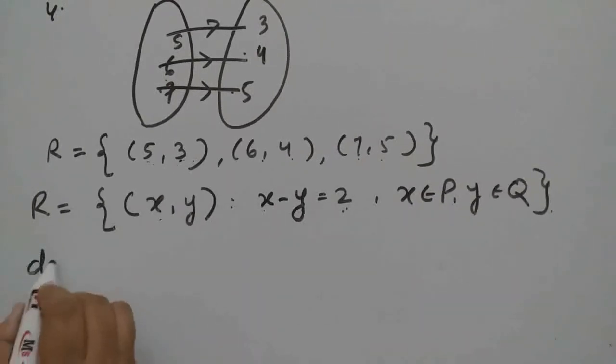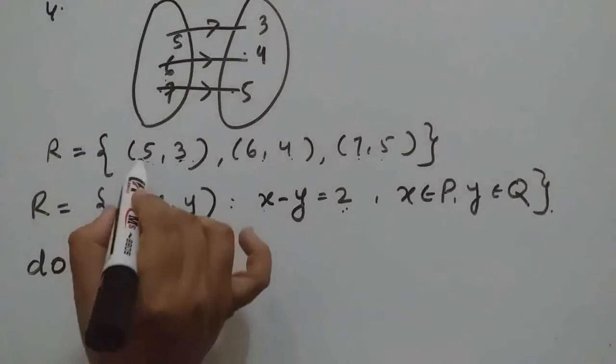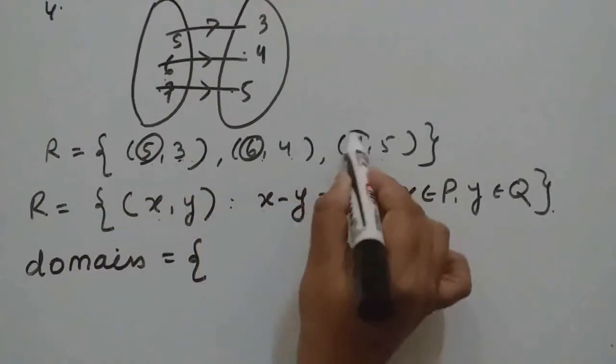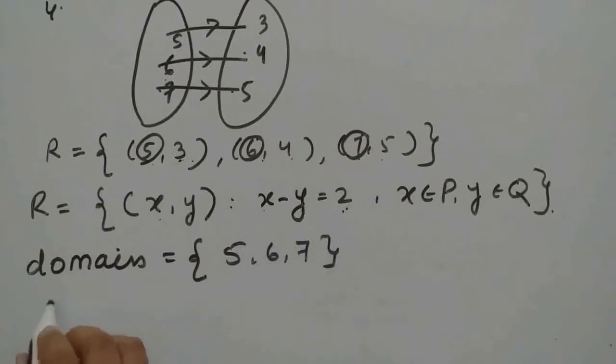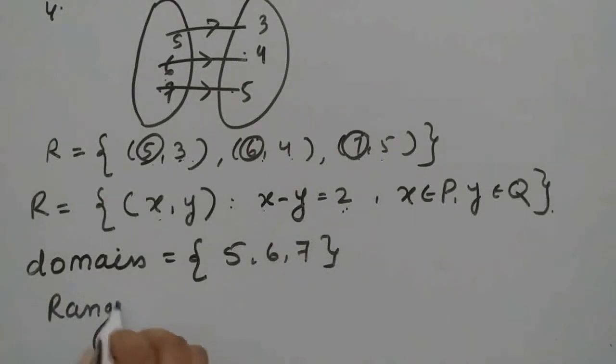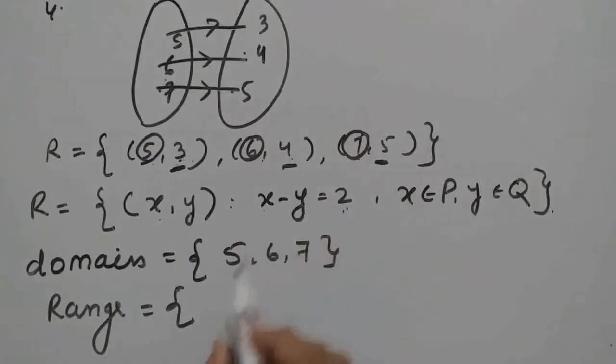Now we should write the domain here. Domain means all the first numbers of the elements, so 5, 6 and 7. And the range will be 3, 4 and 5, the second numbers, isn't it?